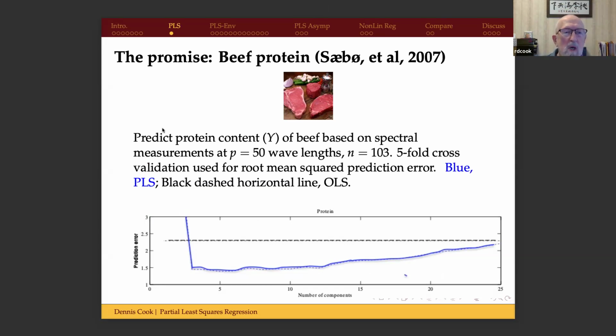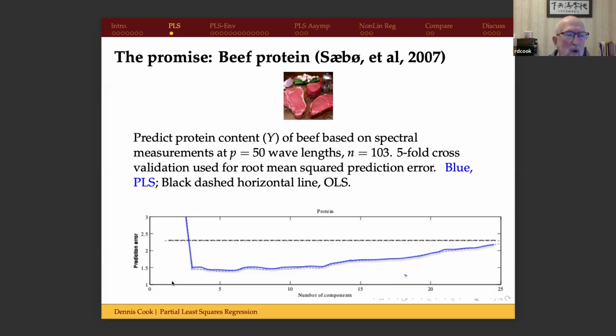Blue is PLS, black is ordinary least squares, and this whole thing is linear regression. Partial least squares does really well in terms of the prediction error on the vertical axis; the horizontal axis is the number of components.